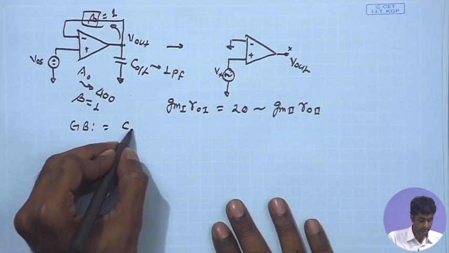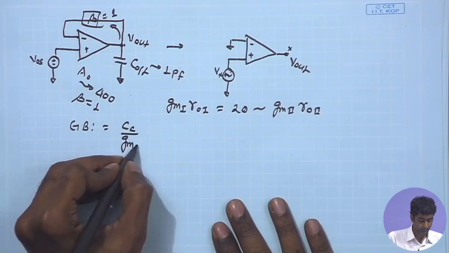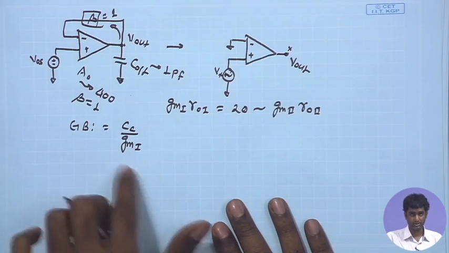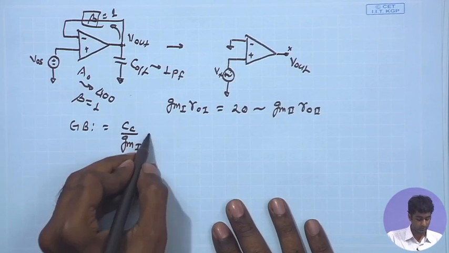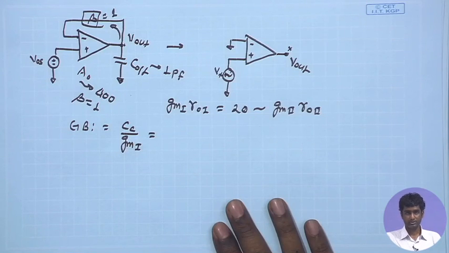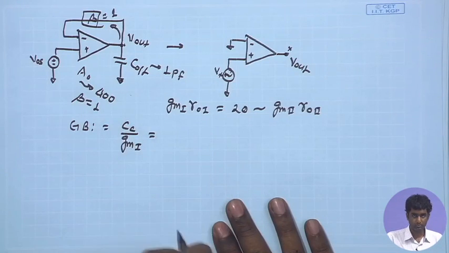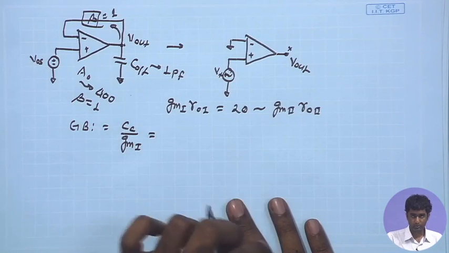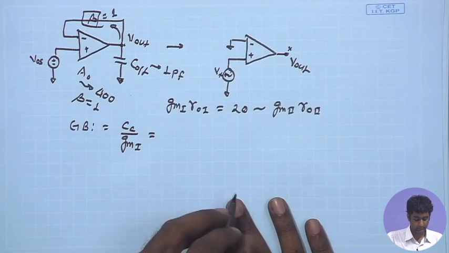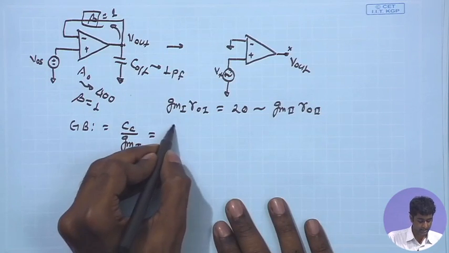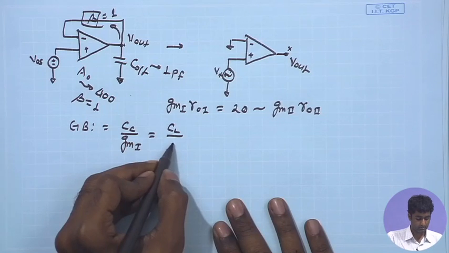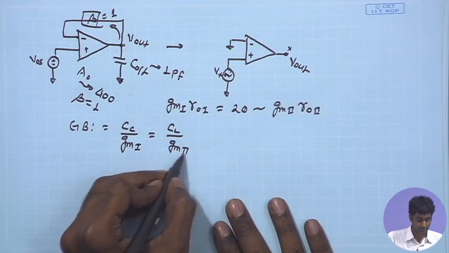So, this is equal to Cc upon Gm, or in other words Cc upon Gm1, the Gm1 of the first stage. And also, in order to have 45° phase margin, the condition that we have discussed, this should be equal to P2, the second pole or the non-dominant pole, which is given by the load capacitance Cl divided by Gm2, that is the Gm of the second stage.